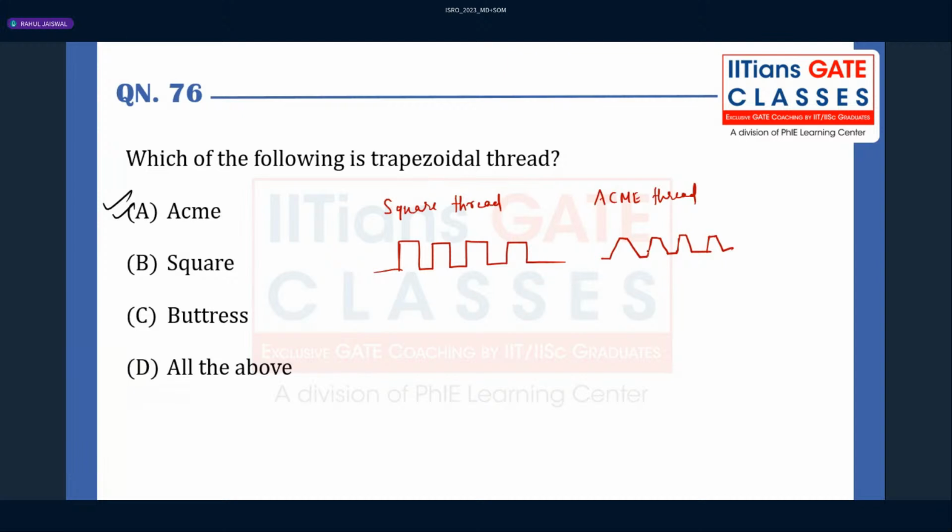Note down all the important points. Here the included angle is 29 degrees. The other thread we have is the buttress thread. Here we have the thread profile in the form of something like this.